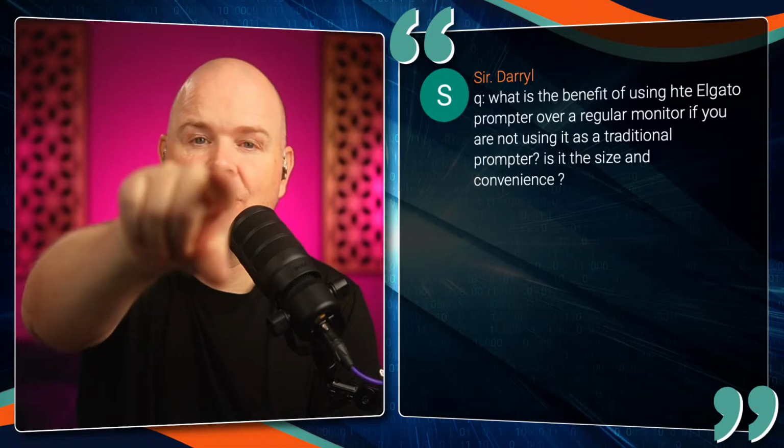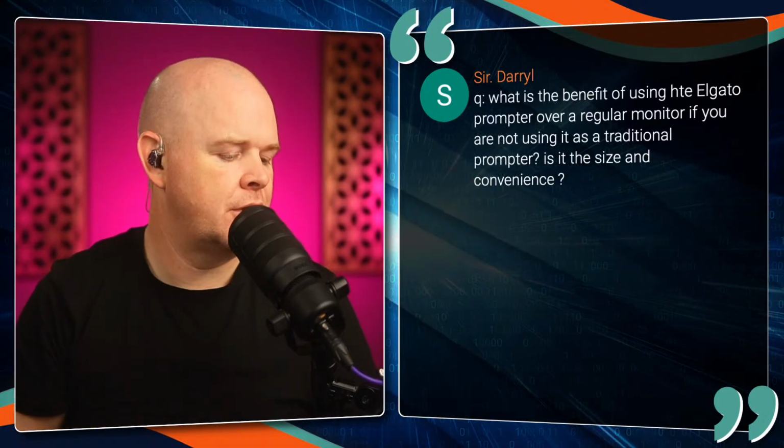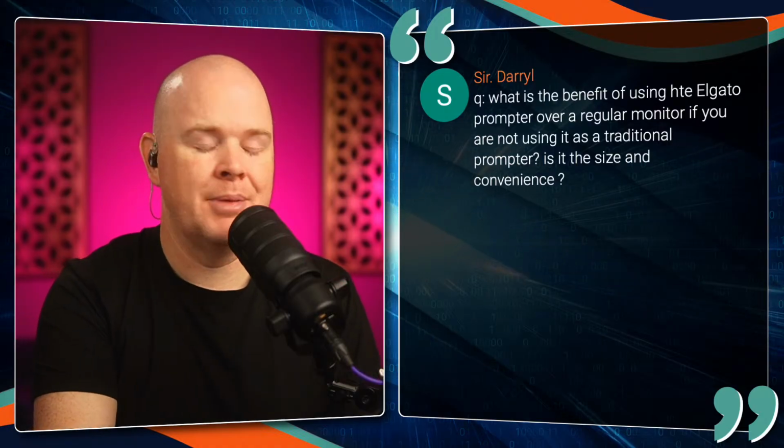Let me just come back to these questions. What is the benefit of using the Elgato Prompter over a regular monitor if you're not using it as a traditional teleprompter? It's so that I can still look into the lens. Like right now, I can read your comment, but I'm looking into the lens because your comment is showing up in the teleprompter.